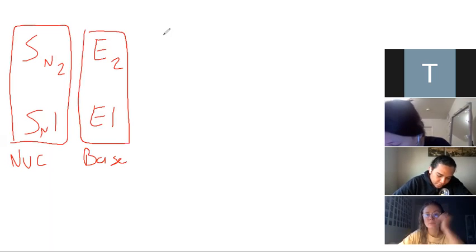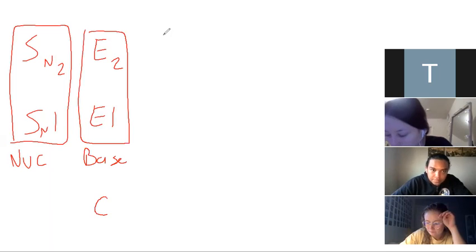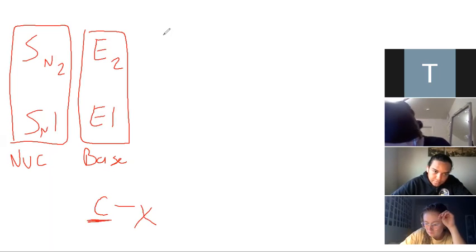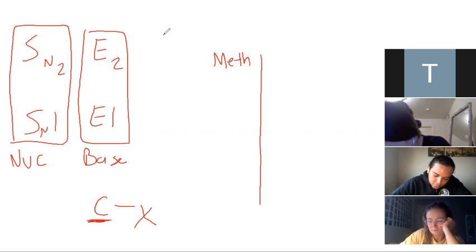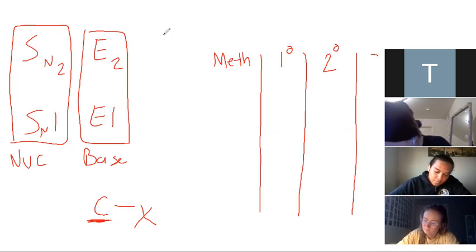So the first thing you need to figure out is that when you have some type of carbon with a leaving group, typically a halogen, you just need to figure out what the substitution of this carbon is, meaning, is it a methyl, a primary, a secondary, or a tertiary? So we could have methyl, primary, secondary, and tertiary.